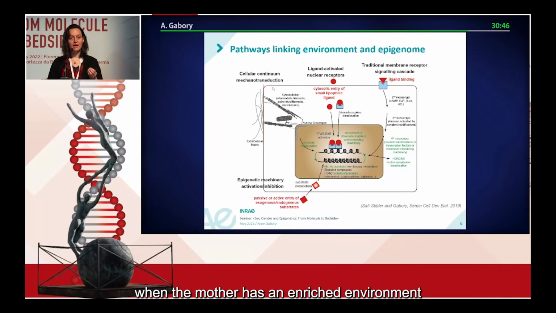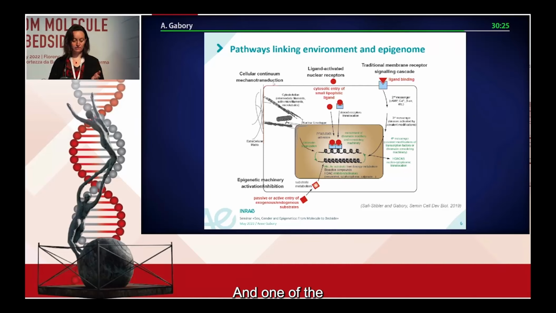When the mother has an enriched environment and a diet enriched in omega-3, this modifies the omega-3 enrichment in the brain cell membrane of the fetuses, and this will last forever in these little rats when they become adults.